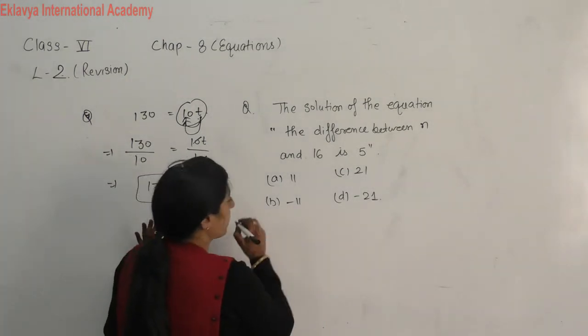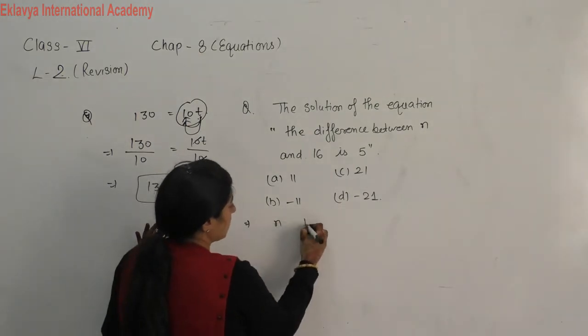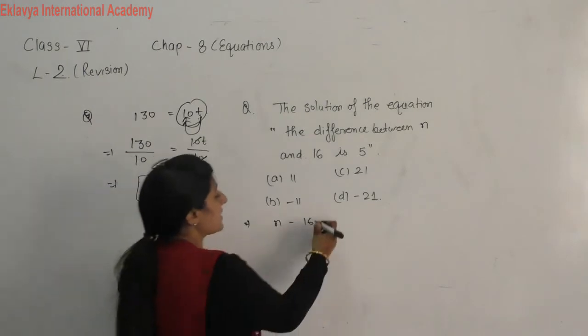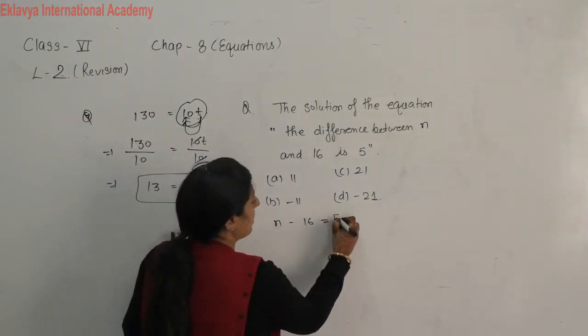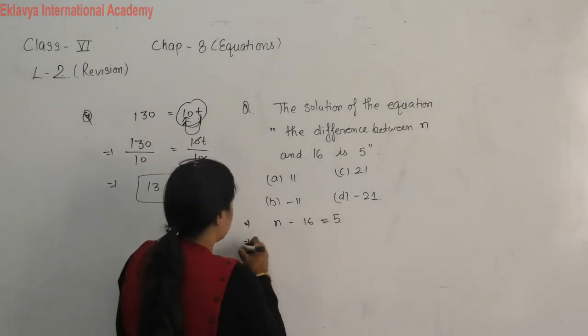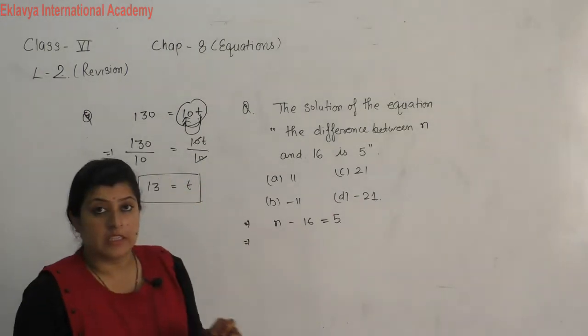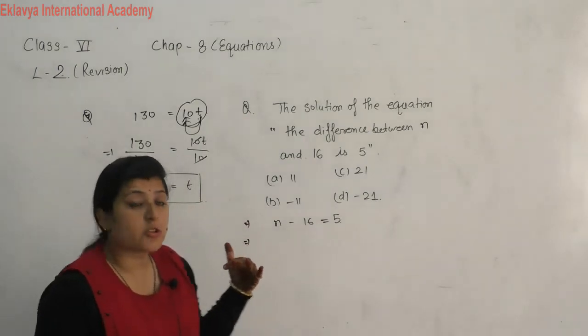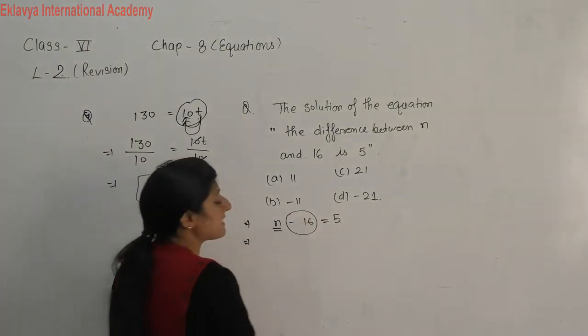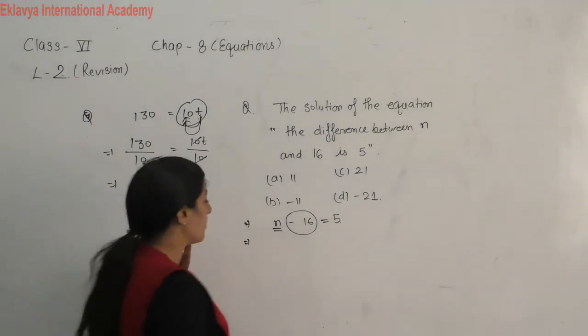In this question, the equation is: the difference between n and 16 is 5. What is the meaning of difference? Difference means subtraction between n and 16. So n minus 16 is equal to 5. Now solve it by inverse operation. With this unknown variable there is minus 16, which is a subtraction operation.